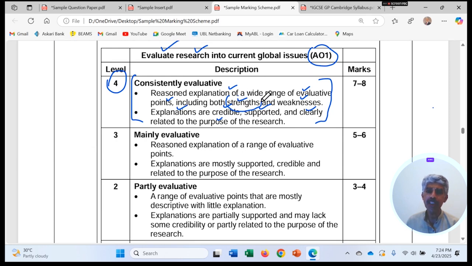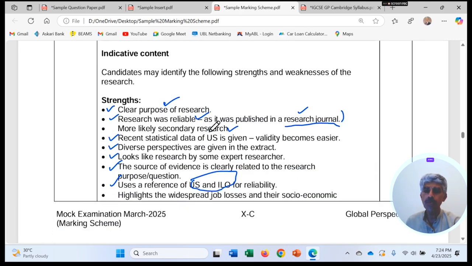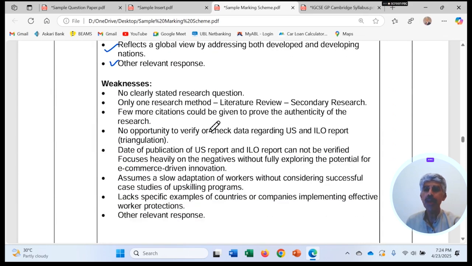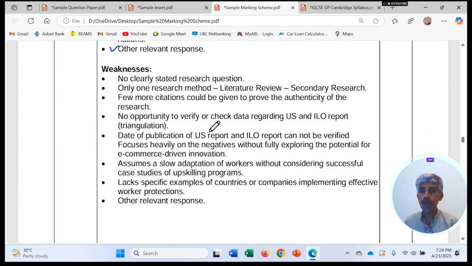So it means that you have explained the strengths of this argument as given in these points, and now you are supposed to give the weaknesses as well. You can write there that no doubt the extract has so many strengths, it also carries some weaknesses as well, which are underlined as: no clearly stated research question.